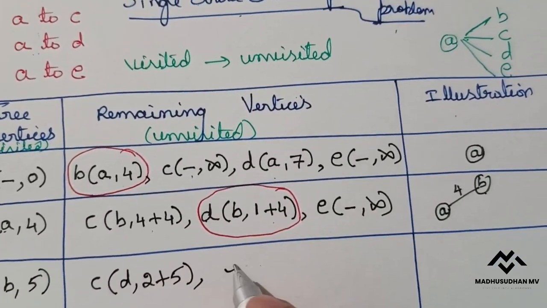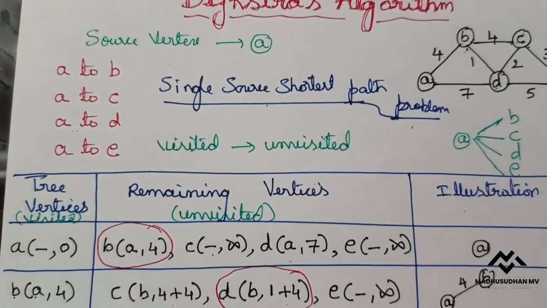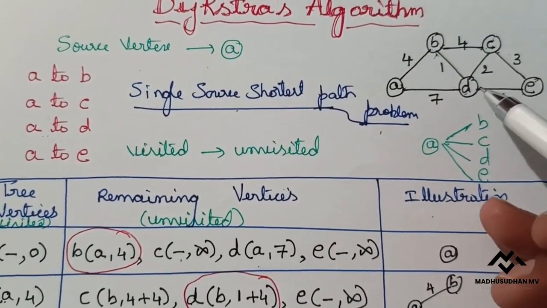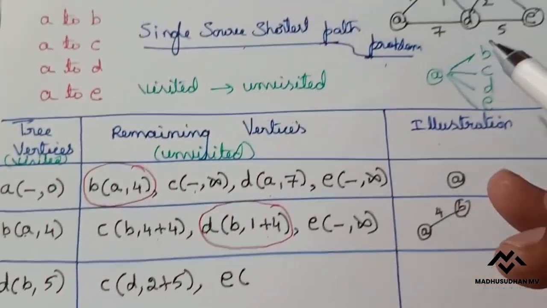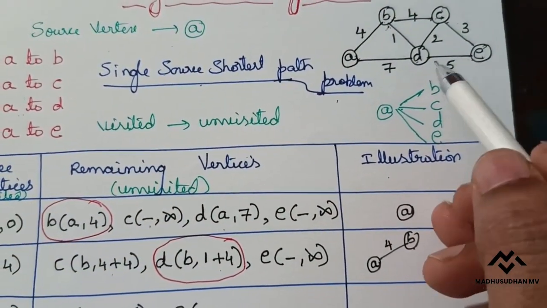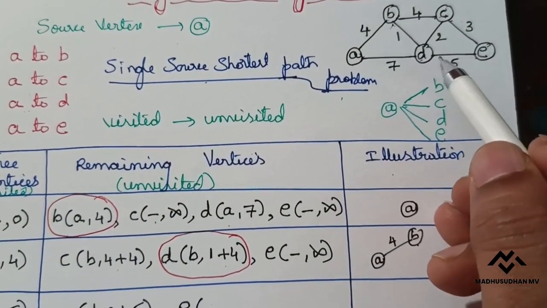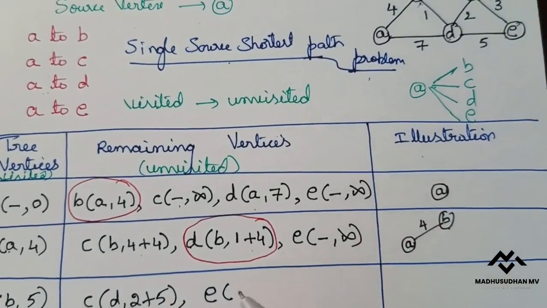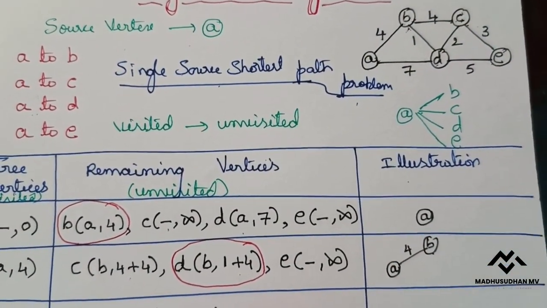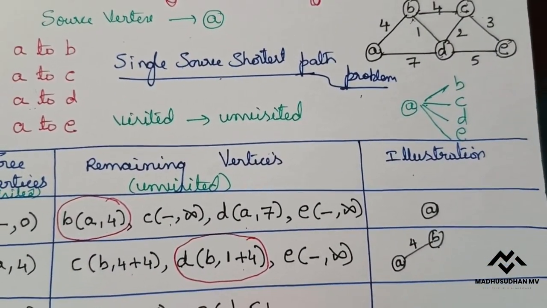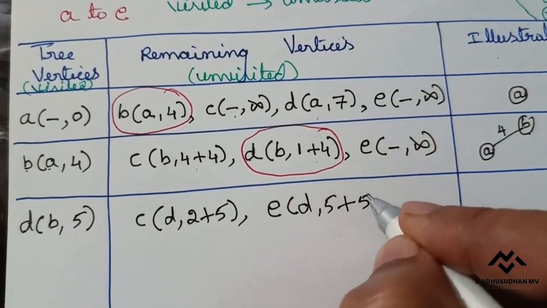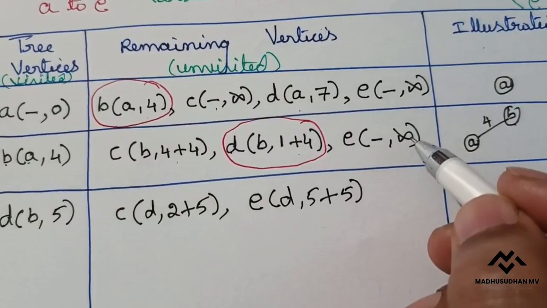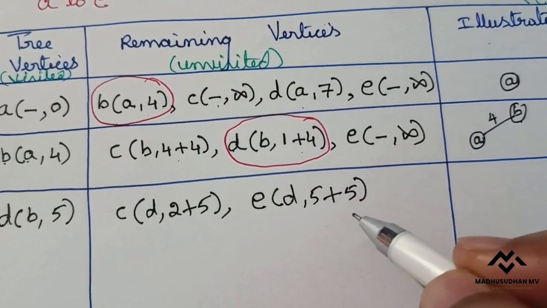Okay, so next E. Right now I'm in D. So D to E is 5. That means E is at distance 5 from D. But to reach D, I already traveled 5. So 5 plus 5, 10. Infinity is greater, this is lesser. I use this one only.